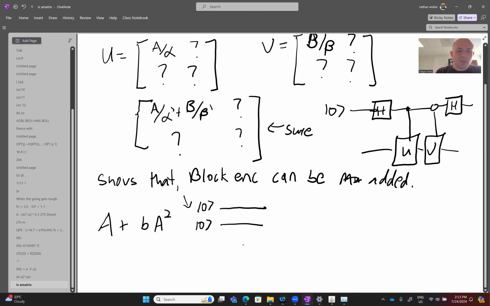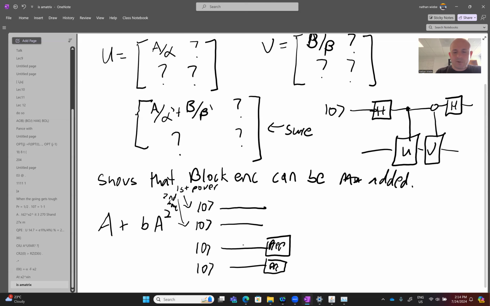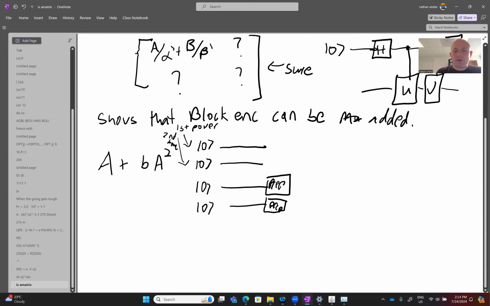This would be the first power, and then this over here would be the second power. Then I'm going to build an additional register over here for storing the coefficients of that, and feed that into a prepare circuit, where I define prepare and select last time for LCU.